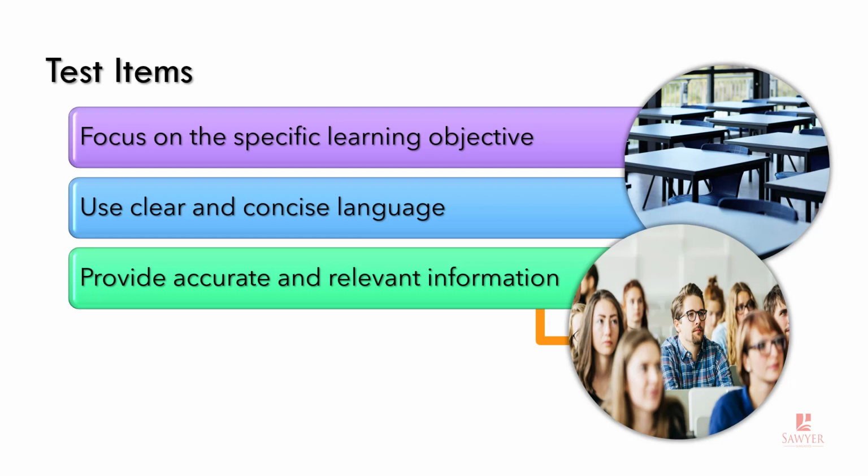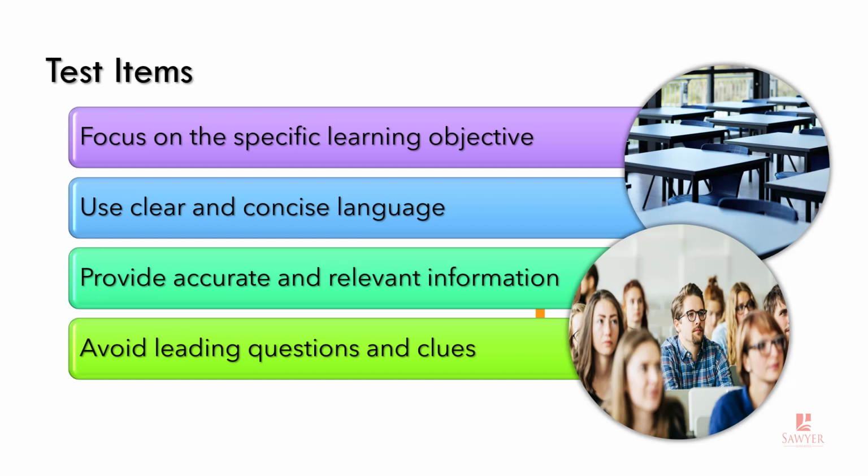It's accurate information, and make sure that it's relevant to the questions that you're asking. Don't just put a bunch of stuff there and then ask them to pull some kind of answer out. Okay. Make sure that everything is accurate and relevant.